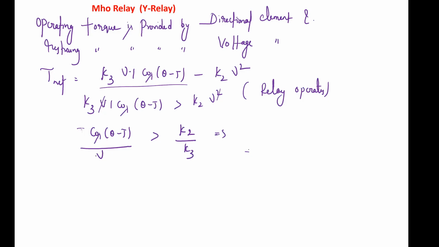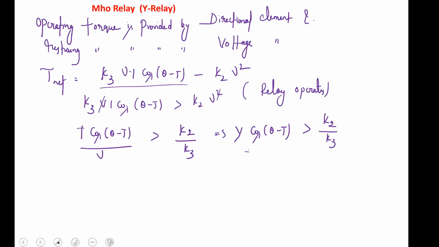Current divided by voltage is the admittance seen by the relay. V is the PT secondary voltage, I is the CT secondary current. The ratio V by I is the impedance seen by the relay. I by V will become the admittance seen by the relay. Y cos(theta minus tau), if this value is greater than K2 by K3, some constant, then my relay will operate.